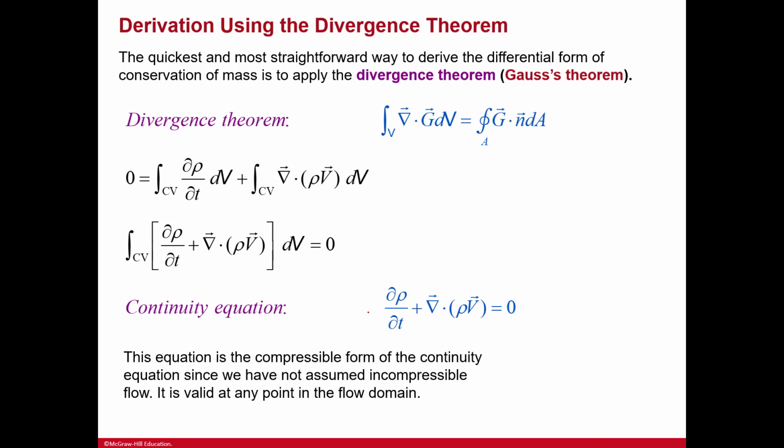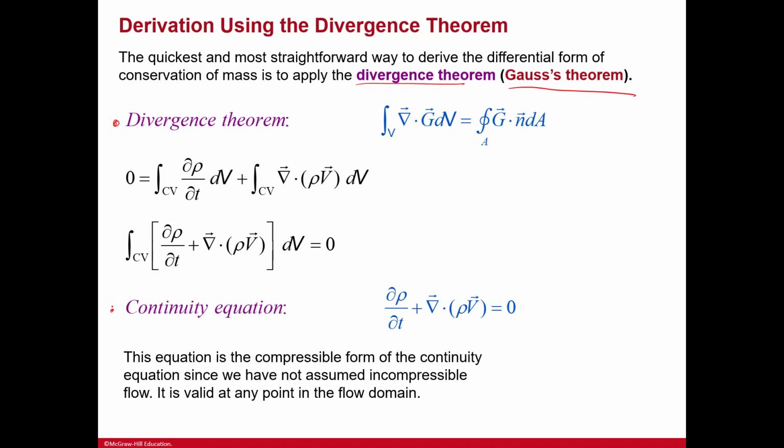And the derivation using the divergence theorem. And so this is also Gauss's theorem here, and this is it spelled out. So the quickest and most straightforward way to derive the differential form of conservation of mass is to apply this. And then you also have a continuity equation.